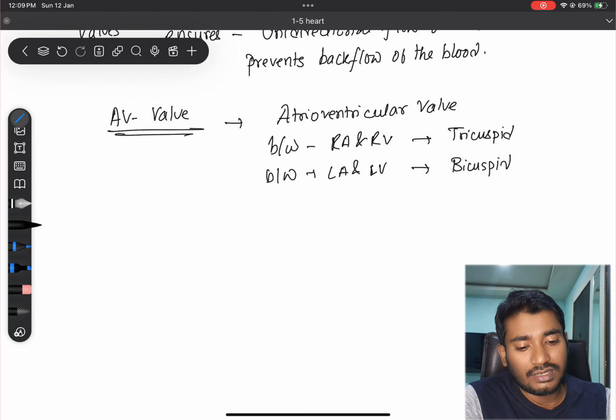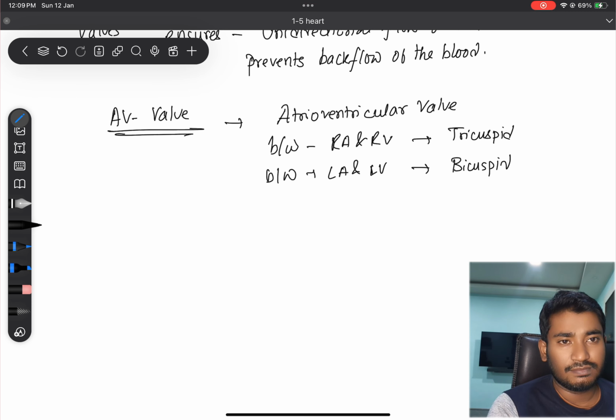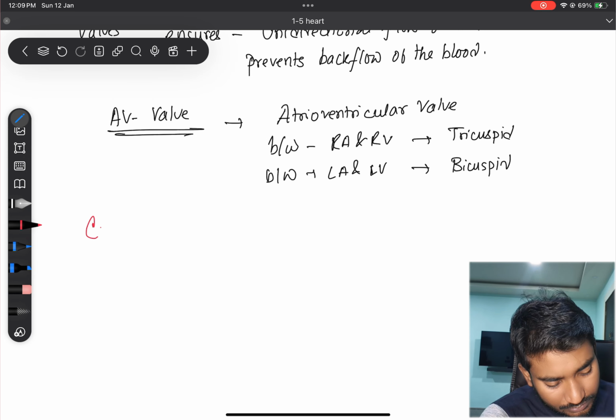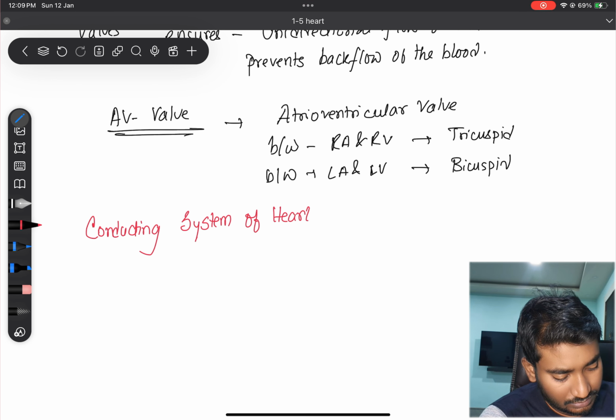Conducting system of the heart. So the heart has some conducting system. So give it a heading: conducting system of heart.